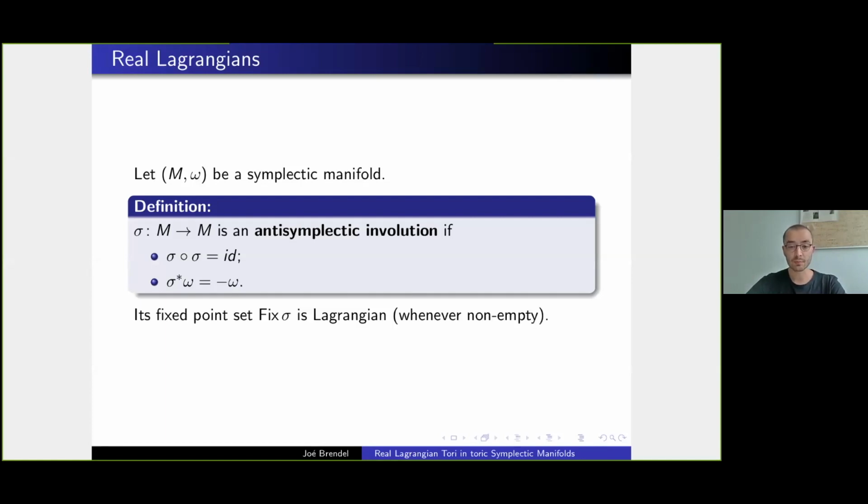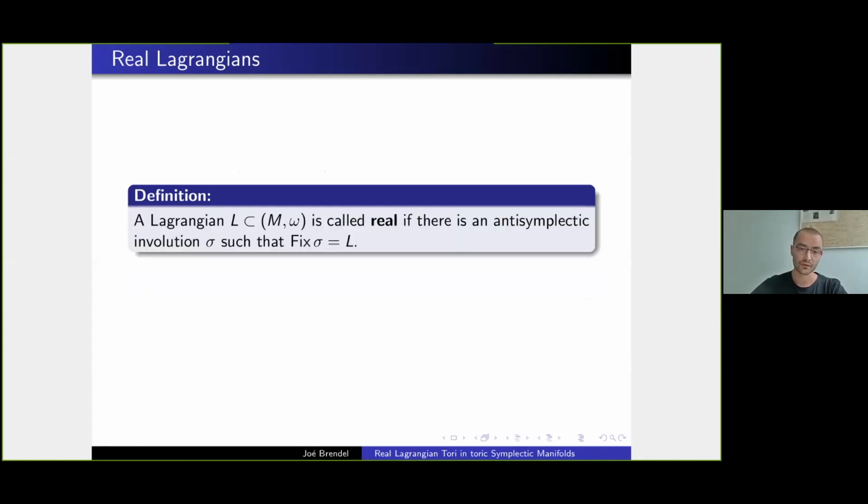These objects have the nice property that if you look at fixed point sets, then whenever the fixed point set is non-empty, you'll get automatically a Lagrangian. And so these are the objects that we are interested in. We'll look at Lagrangians which arise as such fixed point sets.